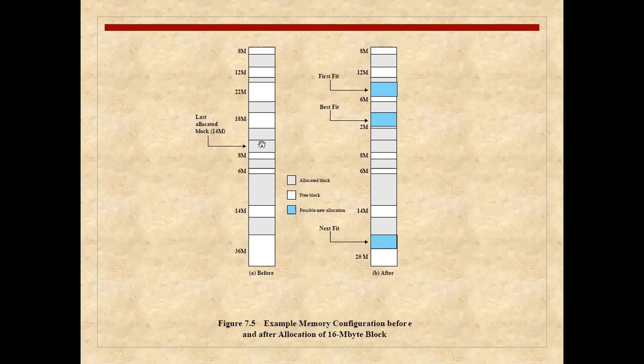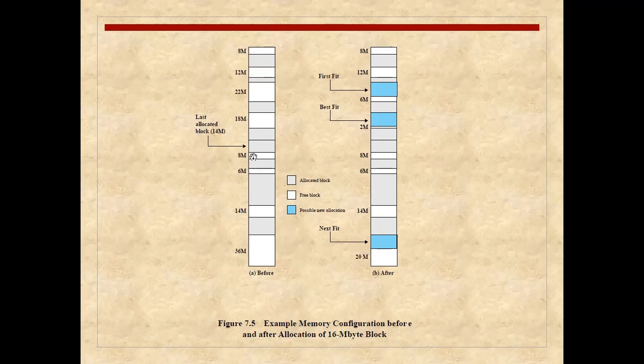Next fit: in next fit, you start checking from the last block where you allocated. Not from the start; it is similar to first fit, but you start from the last position you reached. From here you start, and the block you find that is just large enough for this process is where you place it.